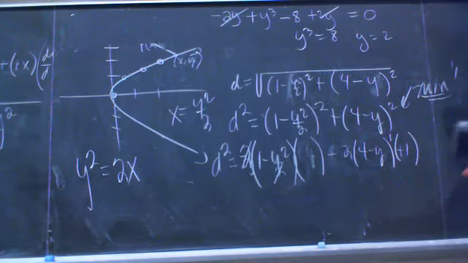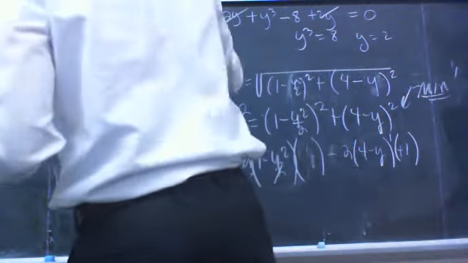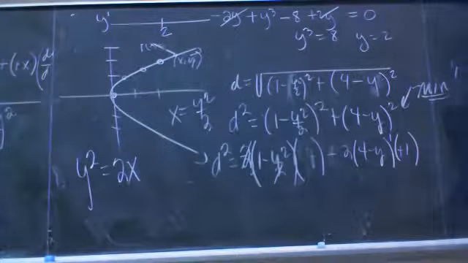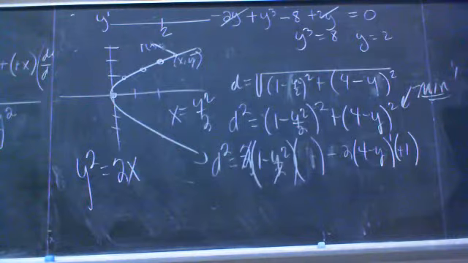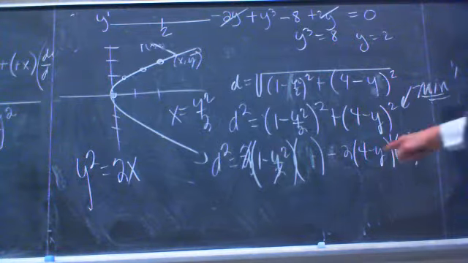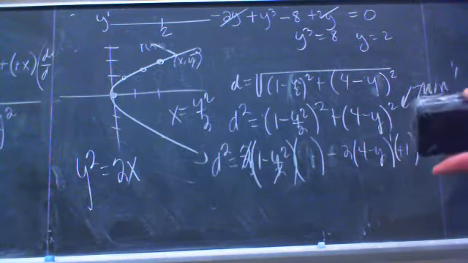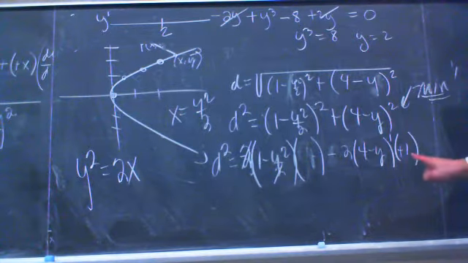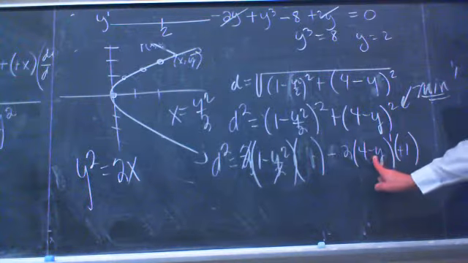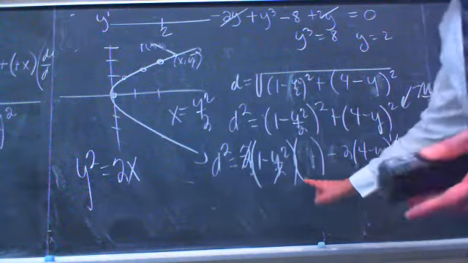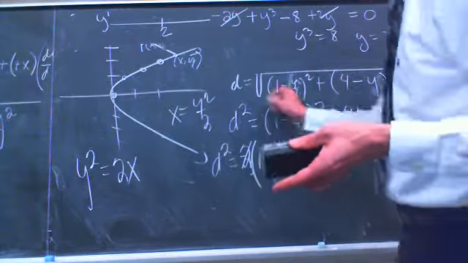Well, we need a number line test, since we're not in a closed domain. So y prime: if I pick 1 and put it into my derivative, which is down here, I'm going to get a negative.